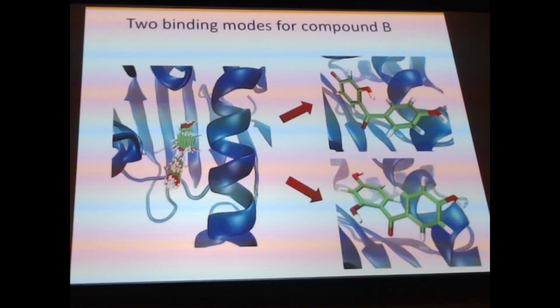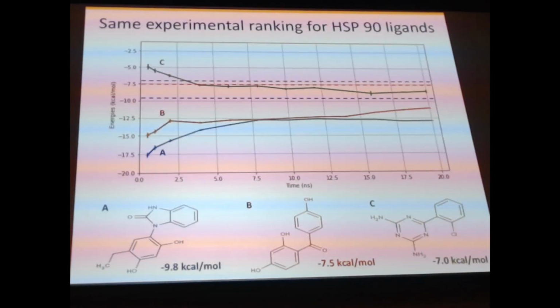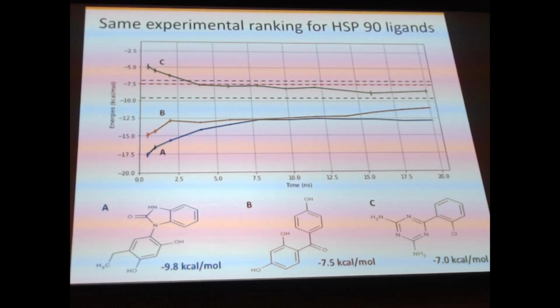You are asking me if it's common to see the same ranking from the beginning of the convergence of our simulation. Maybe this is one data set, since it's the only data set that I have on HSP90, but I can talk about the T4 lysozyme complex. We are also studying T4 lysozyme, and we can see that the convergence at the beginning, not for the whole congeneric series that we are studying, is the same. But I cannot say much because I'm just studying two types of molecules.